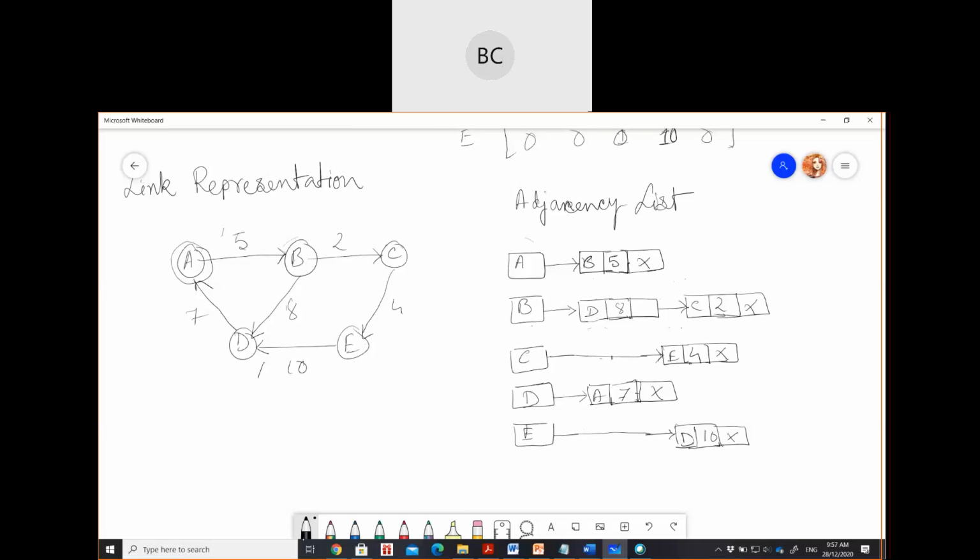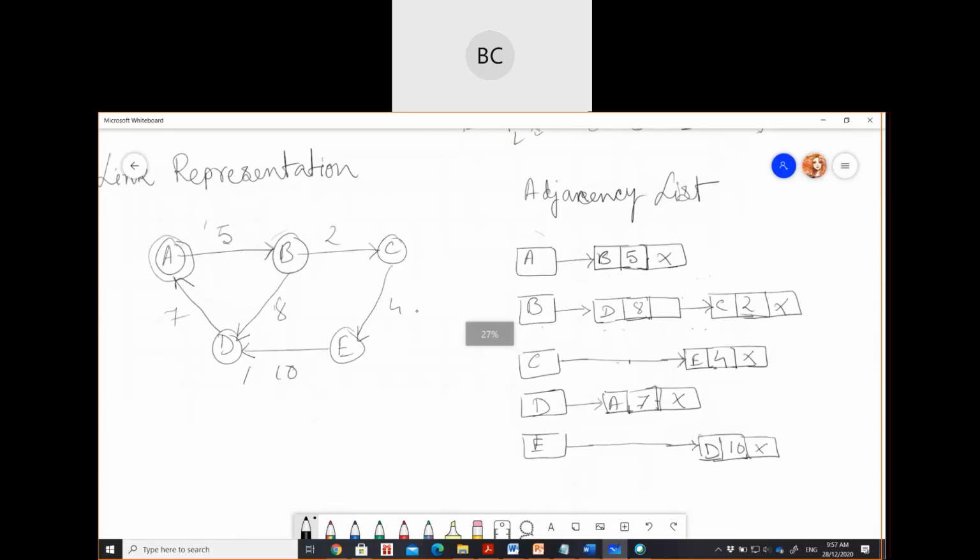So there are two ways to represent your graph. One is the adjacency matrix and the other is the adjacency list. In case of adjacency matrix, the value will be 1 if there is an edge between two nodes, otherwise the value will be 0.